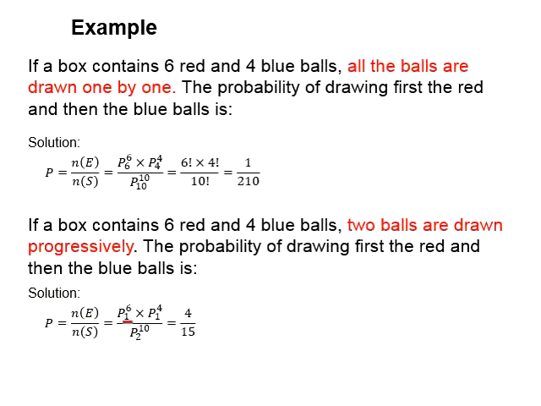Now, out of the 10 balls, 2 balls are being drawn regardless of the numbers and the sequence. You want the first red ball, that means out of 6, 1 red ball is drawn, and the second ball to be blue, that means out of 4, 1 blue ball is drawn. Solve the equations, and you will get the probability of 4 out of 15.